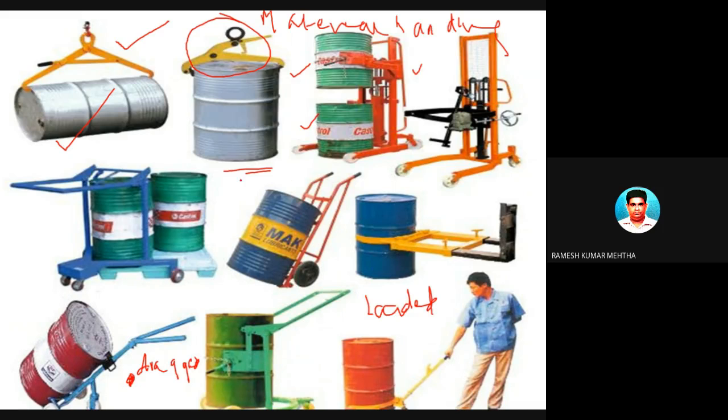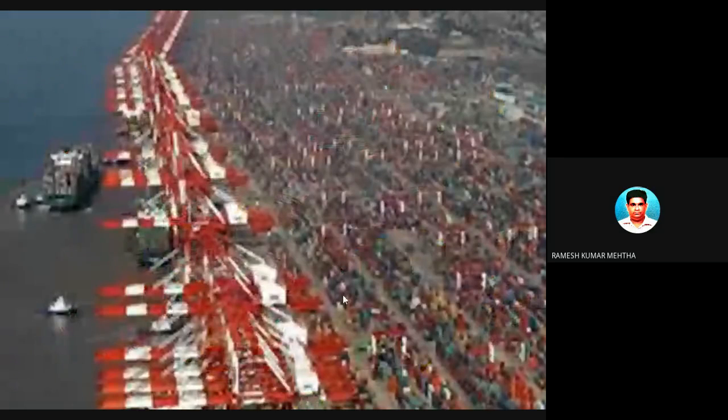Okay, so these are used in industrial manufacturing. So you can remember this particular material handling equipment. Now this I will skip because I don't think this particular slide is visible to you. It's not clear.